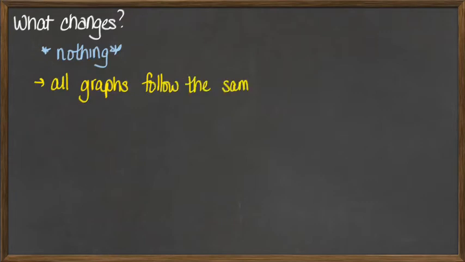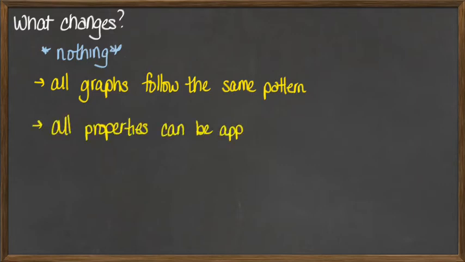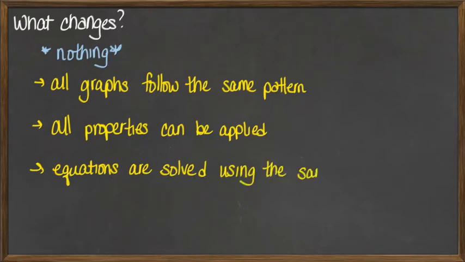So all of our graphs are going to follow all the same patterns and rules that we had for our typical common log functions. All the properties that we talked about, product, quotient, power property, we can apply those to natural logs. And all those equations that we've spent the more recent time solving, we can solve those with a natural log in the same way that we would have solved them with common log or log base, whatever it is that we chose, depending on the problem.